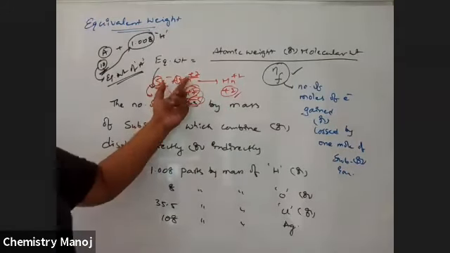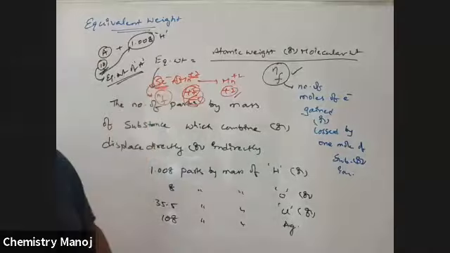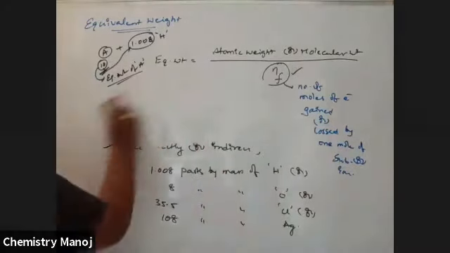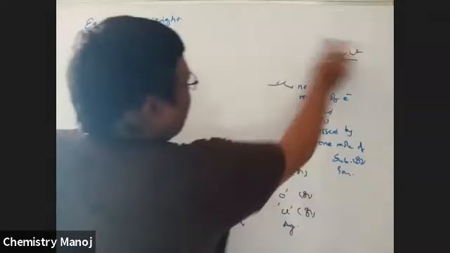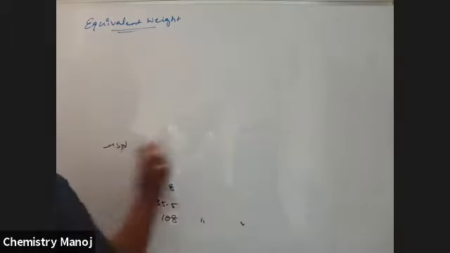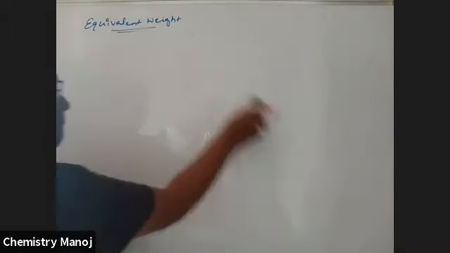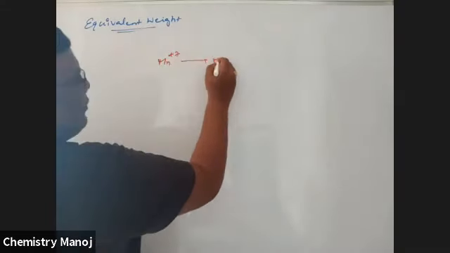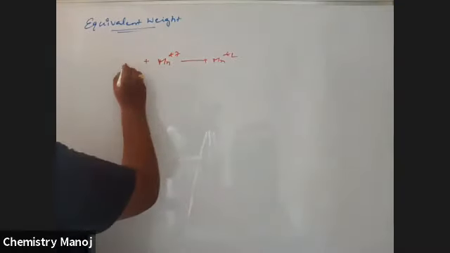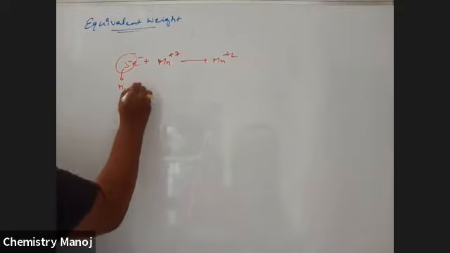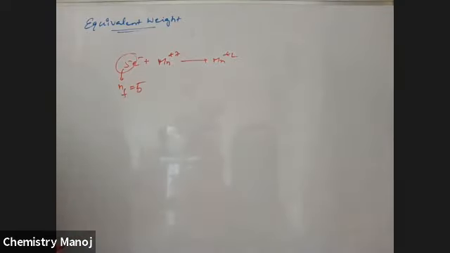So what is the n factor for Mn plus 7? For example, if Mn plus 7 changes to Mn plus 2, 5 moles of electrons are used, so the n factor is equal to 5.